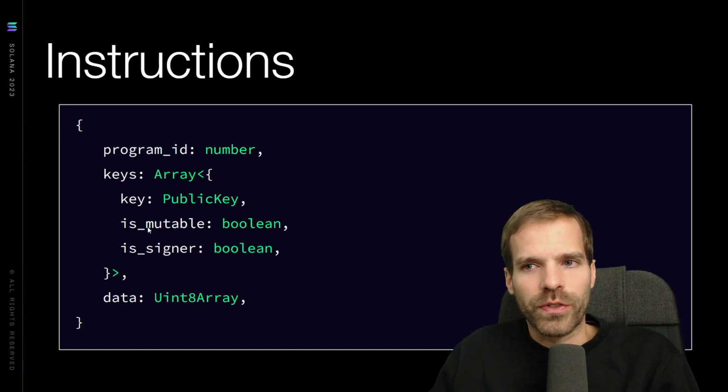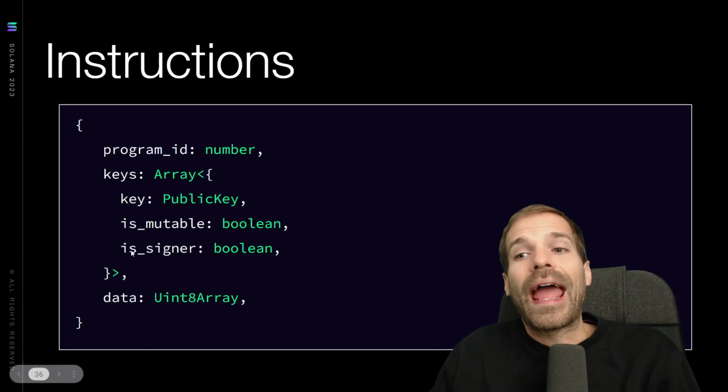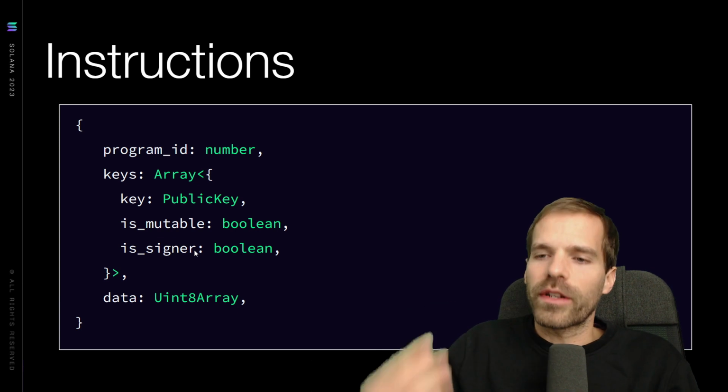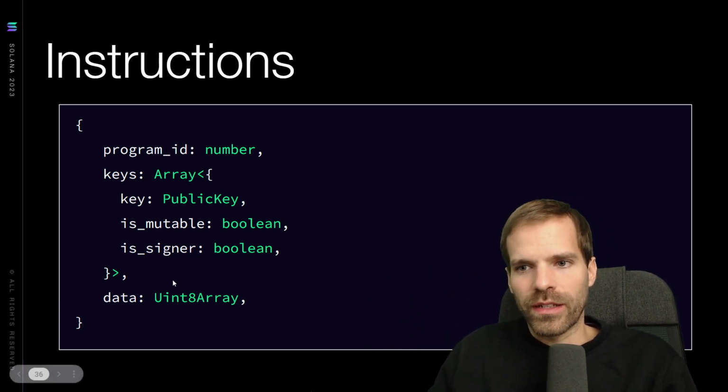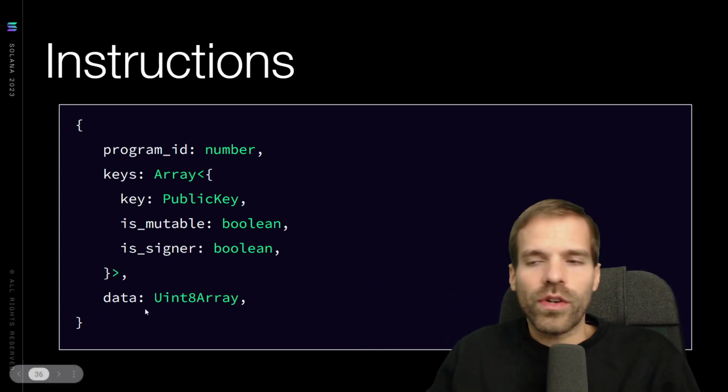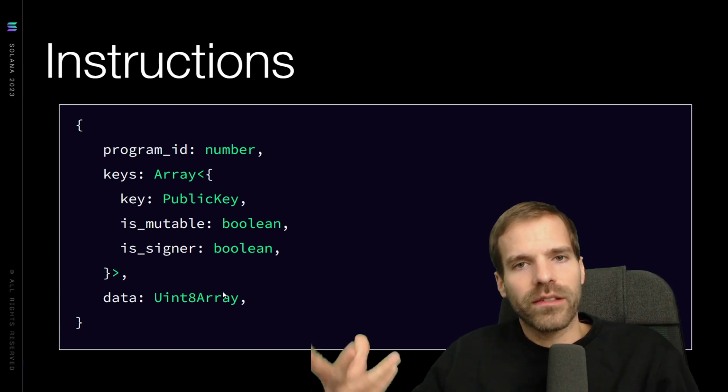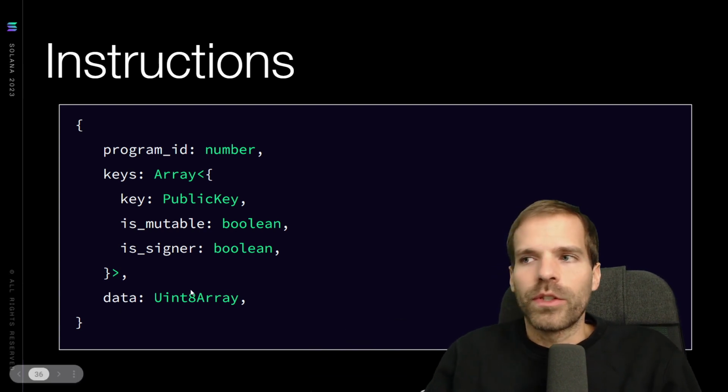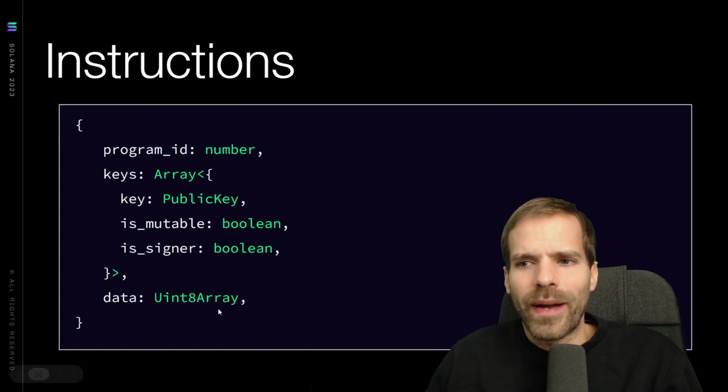So for each account, we also need to say if we want to write to it and if it is a signer. What a signer is, we'll get to in a second. And then we can have arbitrary instruction data, so just a bit of bytes that the program might expect. Like when you call a function, you might want to have parameters. That's what that is.